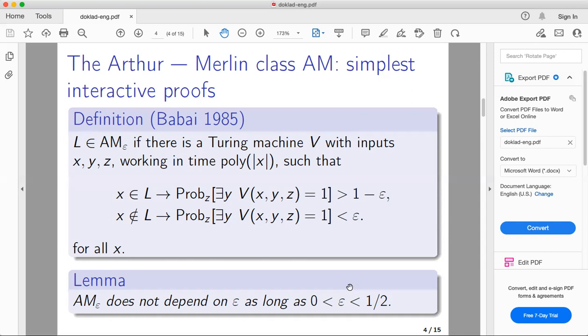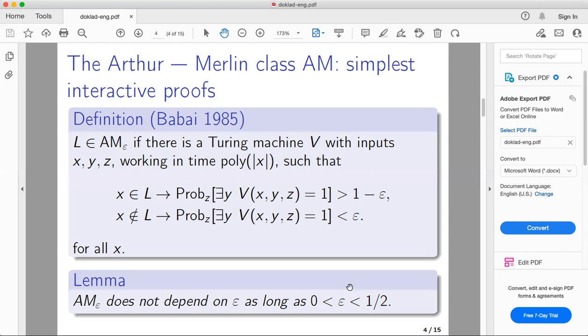So what's the difference? The difference is that we switched the order of quantifiers. The quantifier over Y is now after the quantifier over Z. That means that now Merlin can adapt his proof to the randomness because he now knows the randomness.